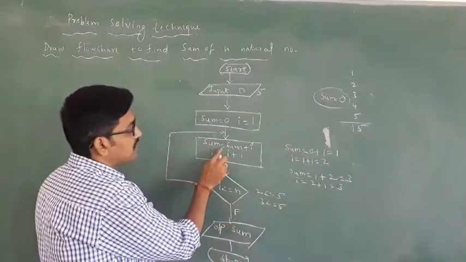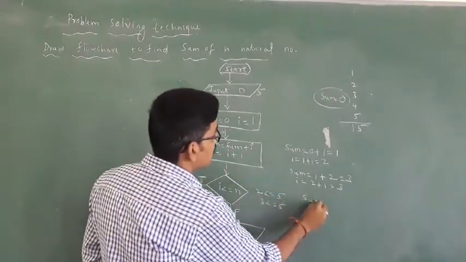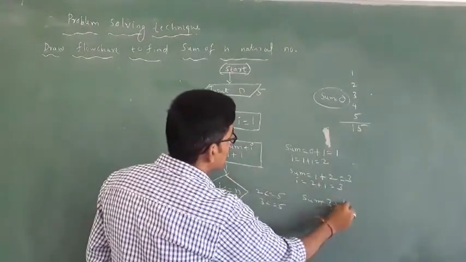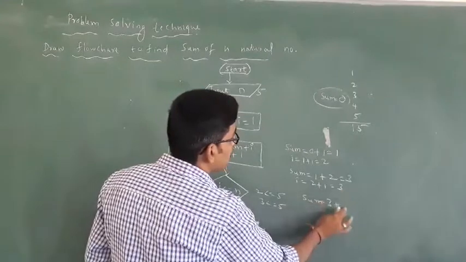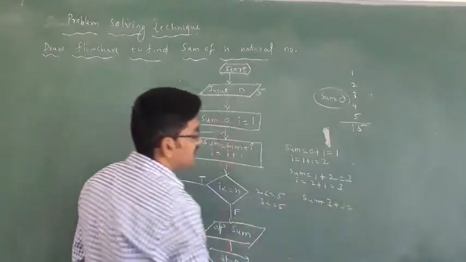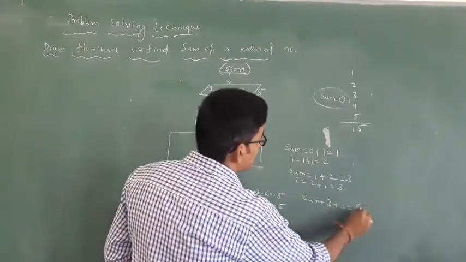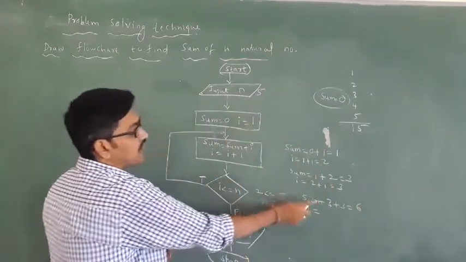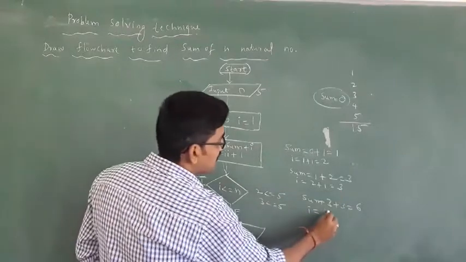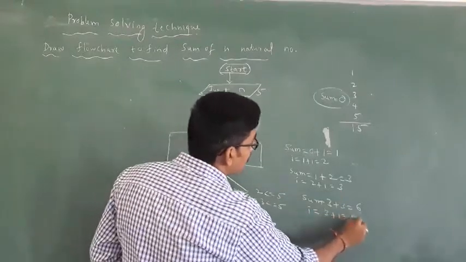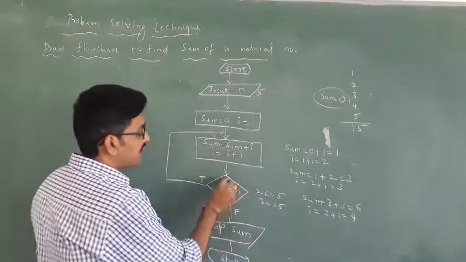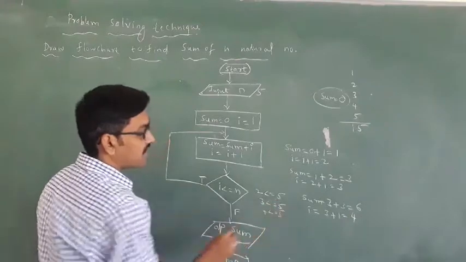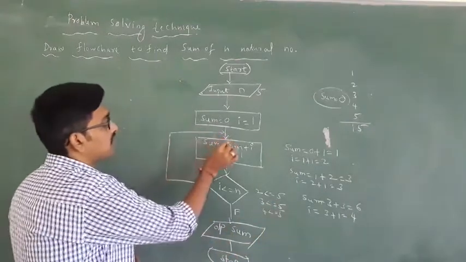Yes, so it comes here again. Sum is 3 plus I, which is 3, so 6. I becomes 3 plus 1, 4. Next time, is 4 less than or equal to 5? Yes, so it comes here again.